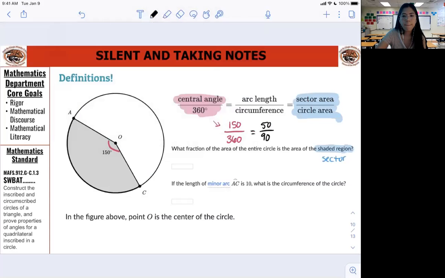Tyrone, you're up. I helped you enough. 50 over 90. This one's easy. There's an easy way to simplify. 25 over 45. Okay, so you divided both of them by 2. Can keep going though.